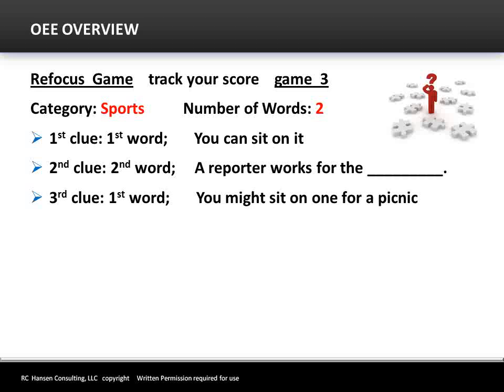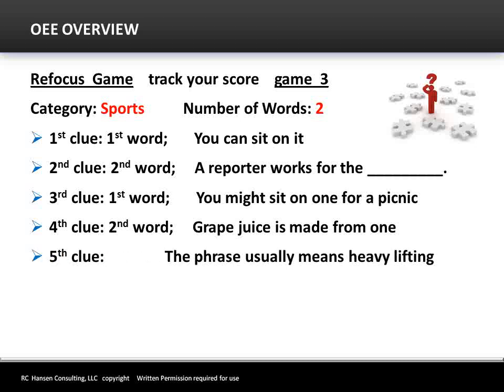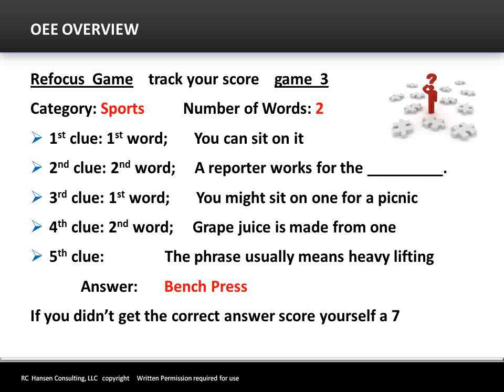You might sit on one for a picnic. Fourth clue, second word. Grape juice is made from one. Fifth clue, the phrase usually means heavy lifting. The answer is bench press. If you didn't get the correct answer, score yourself a 7.